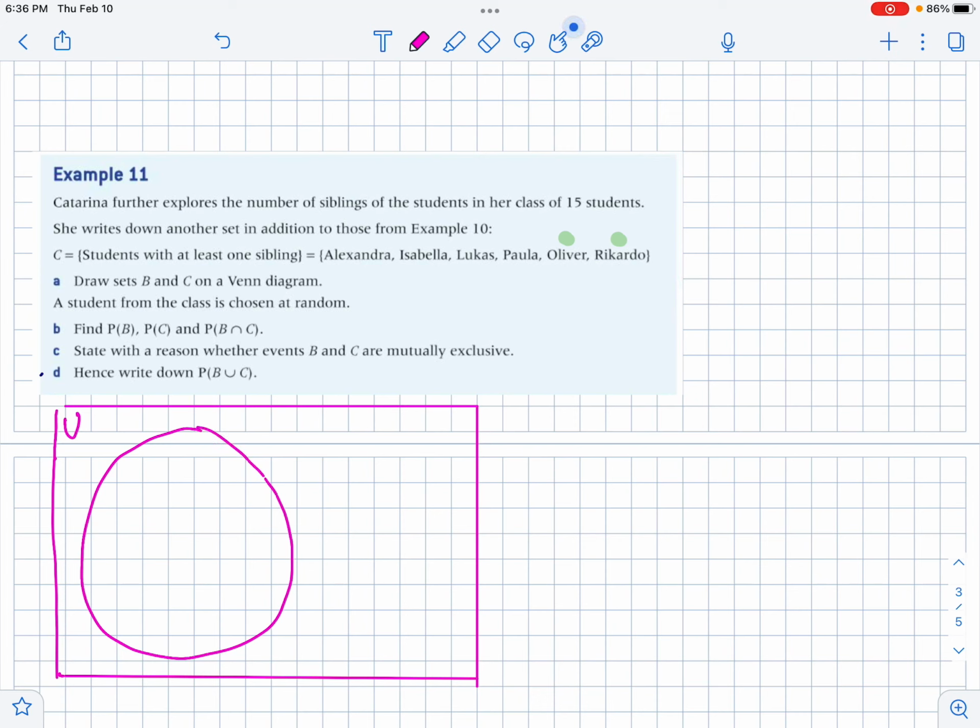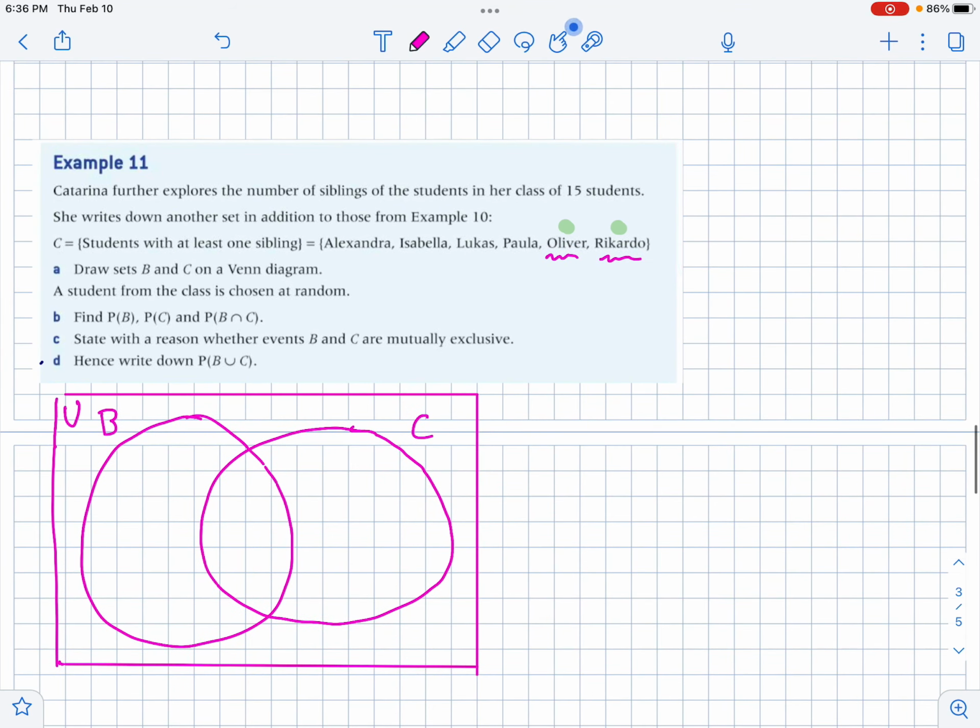So Group Bwe'll put here, and then Group C, there is going to be some overlap. The people that overlap are Oliver and Ricardo. They were in Group B and in Group C, so we'll put Oliver and Ricardo in the middle.